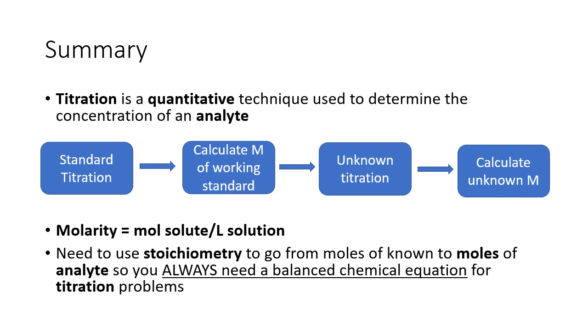And make sure you use stoichiometry to go from moles of known stuff to moles of analyte. So you always need a balanced chemical equation for titration problems. If you don't set up a balanced chemical equation and you're doing a titration problem, you are doing it wrong. You must always, always have a balanced chemical equation.